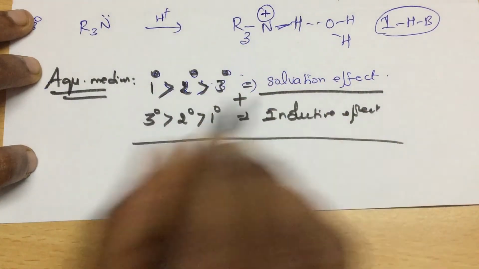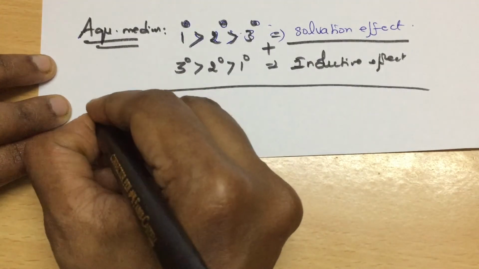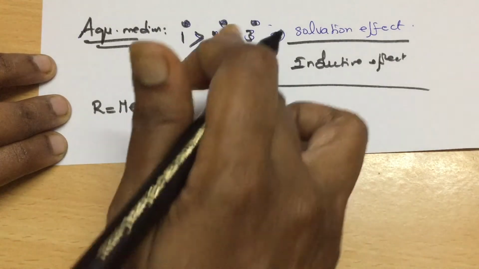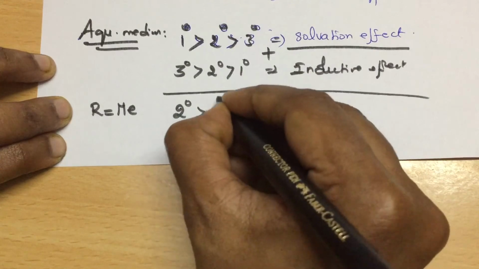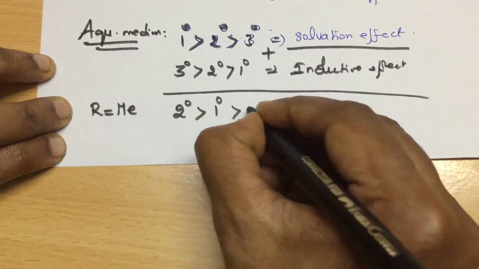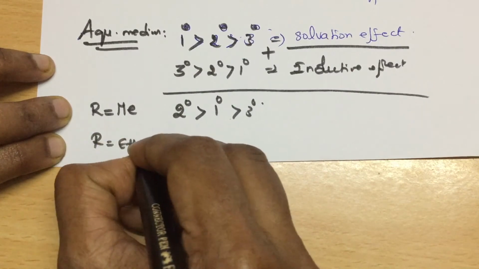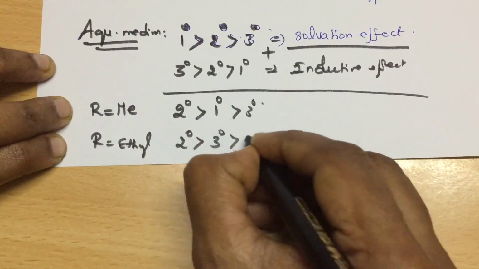So the cumulative effect is, please remember, when R is equal to methyl, the cumulative effect is secondary, primary and tertiary. And when R is equal to ethyl, it is secondary, tertiary and primary.